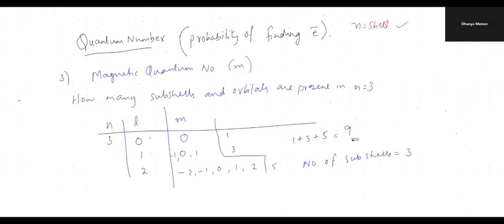But how many orbitals are there? 9. Here there is 1, here there is 3, here there is 5. That makes 9, right?